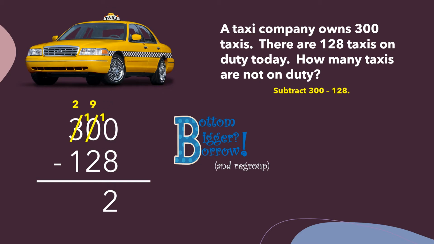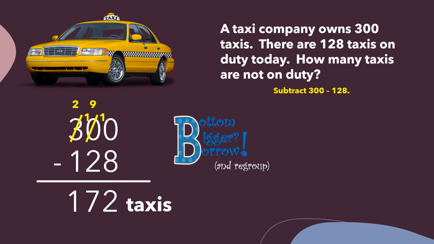So now in my tens column, because I borrowed, I have 9 minus 2. Now that's another subtraction fact that I know, and that is 7. Finally, the hundreds column, we have 2 minus 1, and that equals 1. So my answer is 172 taxis are not on duty.